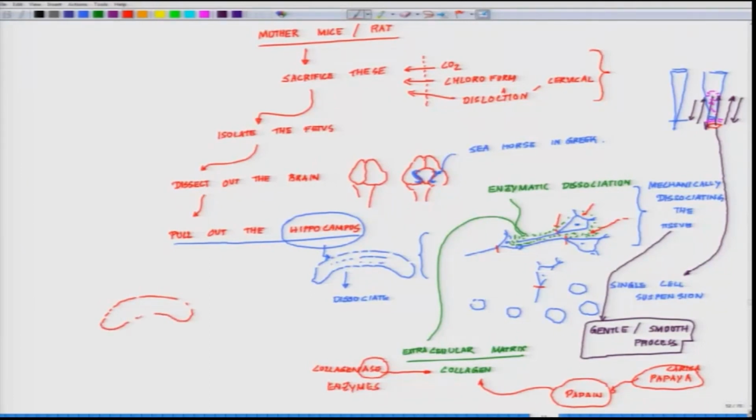So, say for example, this is the tissue and these are the cellular elements in the red dots. Now, let us represent the papain molecule as green.